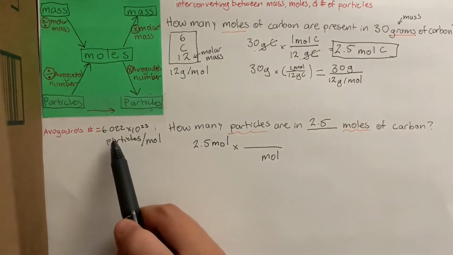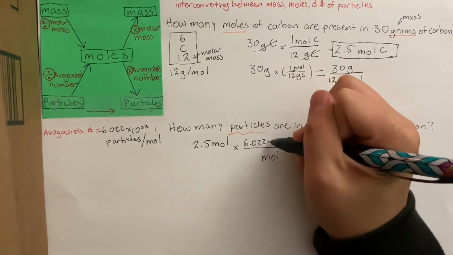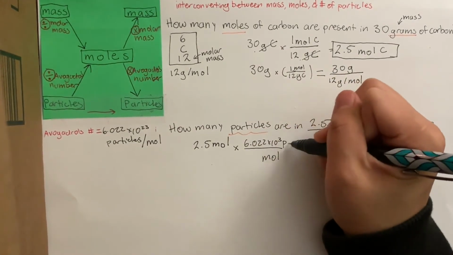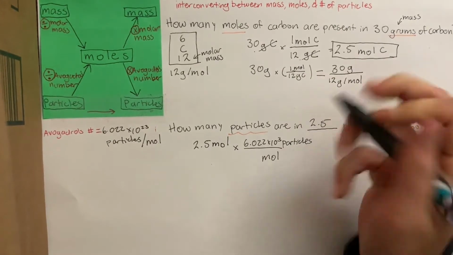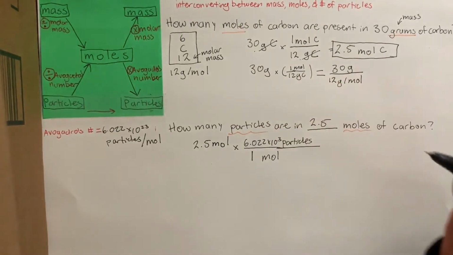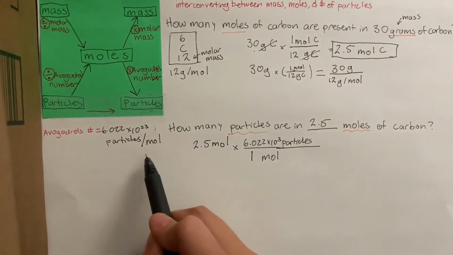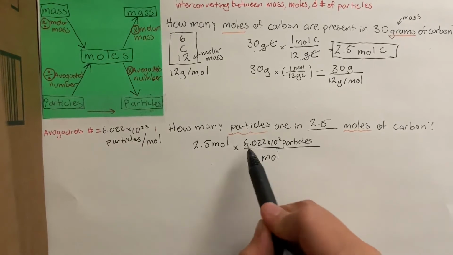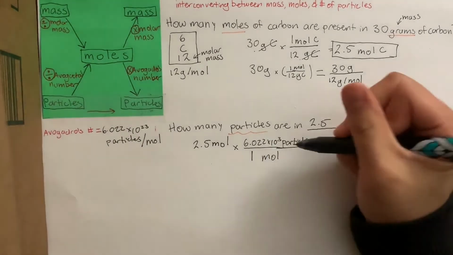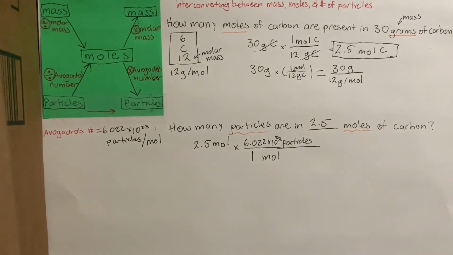So with this, we can put 6.022 times 10 to the 23rd particles in the numerator and 1 mole in the denominator. This is the same thing as this, because for every 1 mole we have 6.022 times 10 to the 23rd, sorry about that, particles.